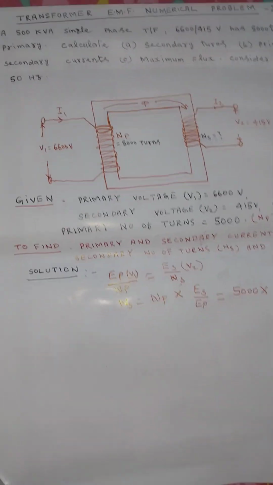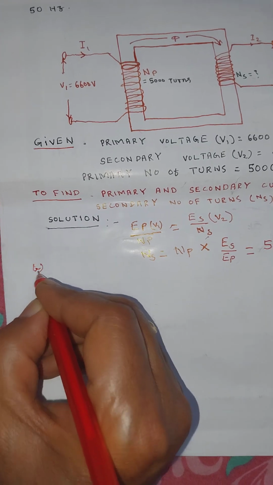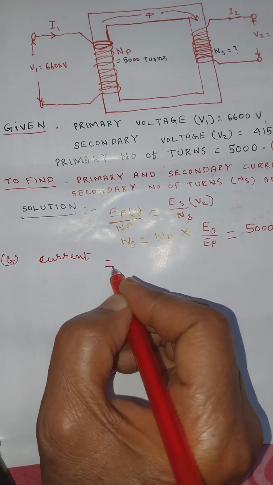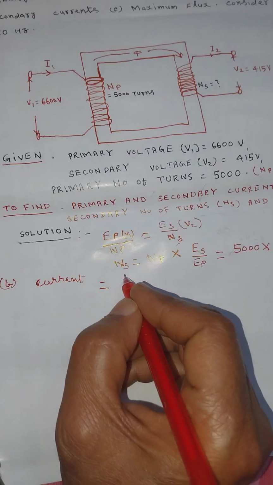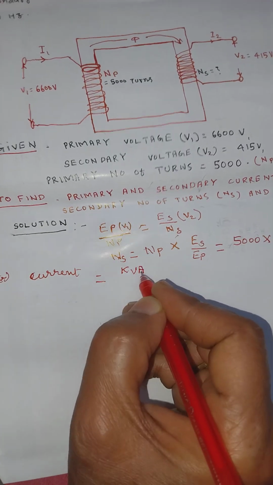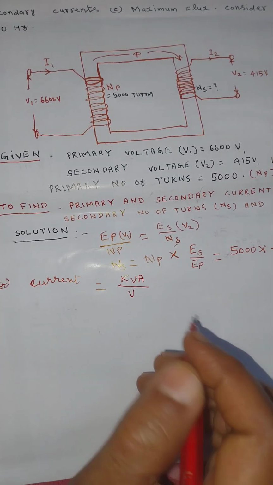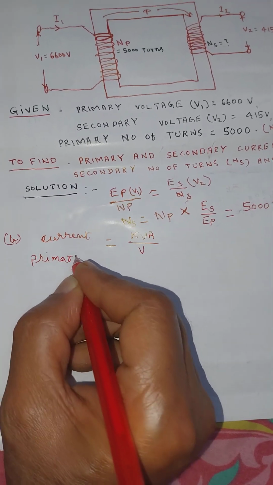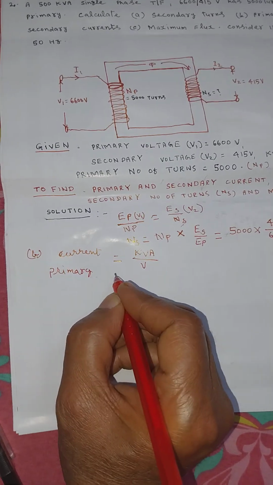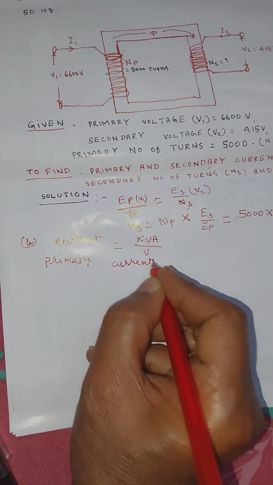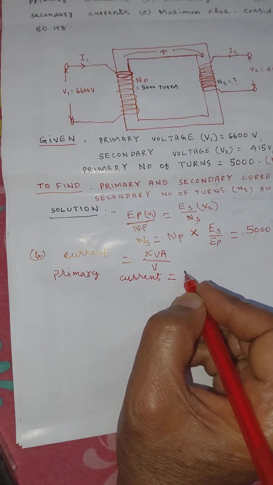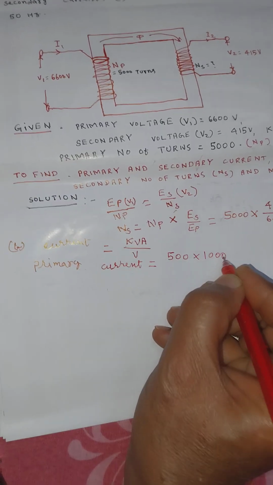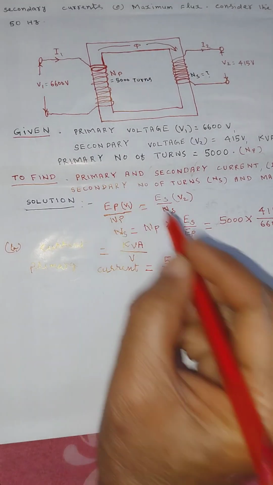So part B. Current is equal to kVA by V. So primary current is equal to 500 into 1000 divided by 6600.